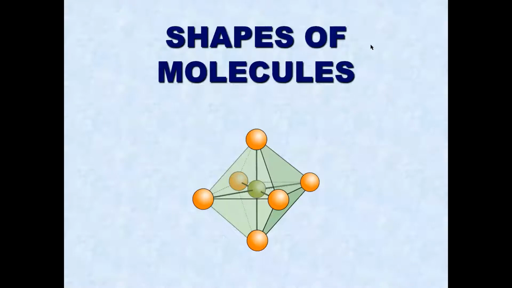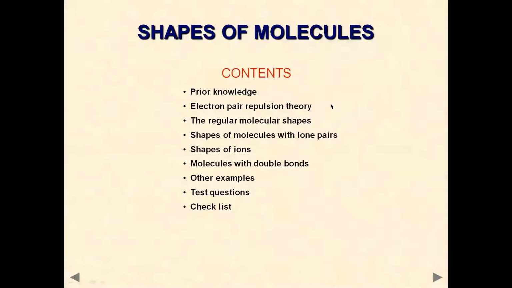In today's lesson, we're going to talk about shapes of molecules. What we'll learn in this topic: we'll look at some prior knowledge, that's the most important one. We're going to look at the electron pair repulsion theory, and the shapes of some simple molecules, or the regular shapes, and then the shapes of molecules with lone pairs of electrons.